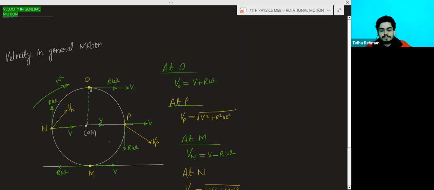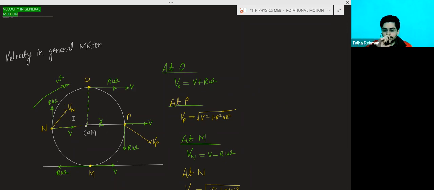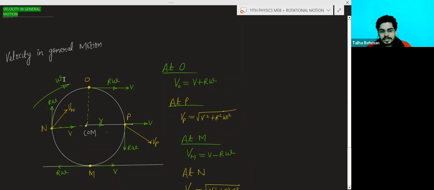So suppose, for example, this disk is moving linearly with the velocity v, and at the same time, it is rotating also, with an angular velocity of omega.